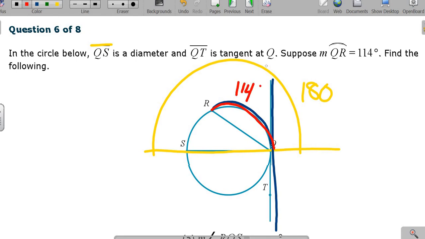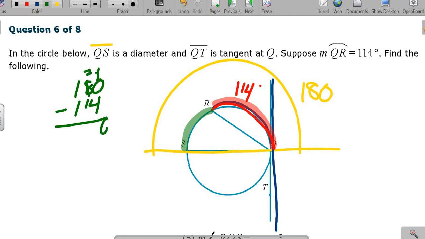Find the following. Again, do not focus on what you're being told to find. Focus on everything possible. If this is 114, then you could easily find this because of the 180. So 180 minus 114 be at 66.